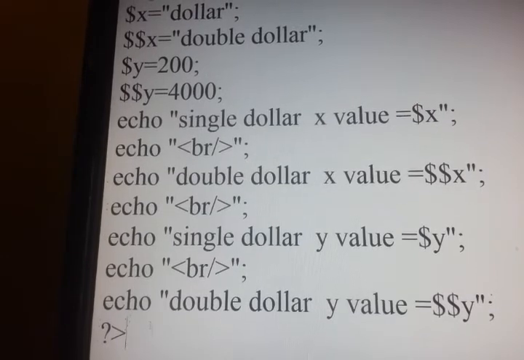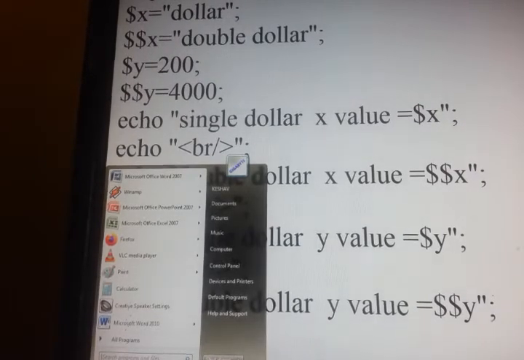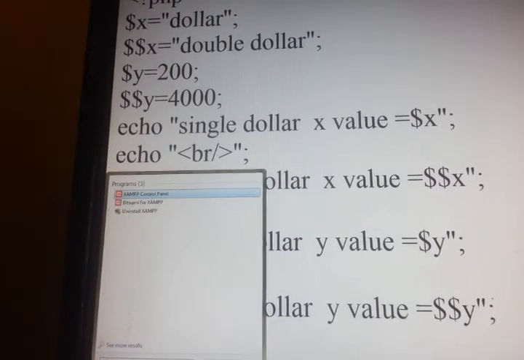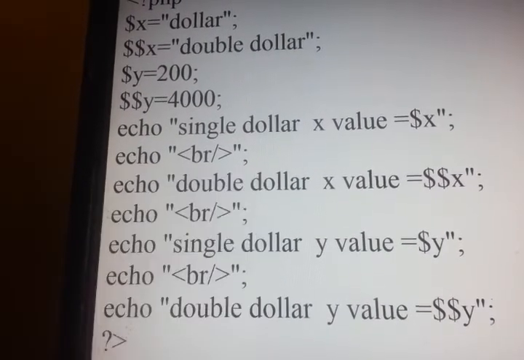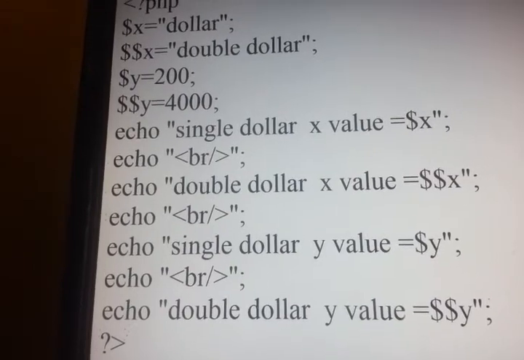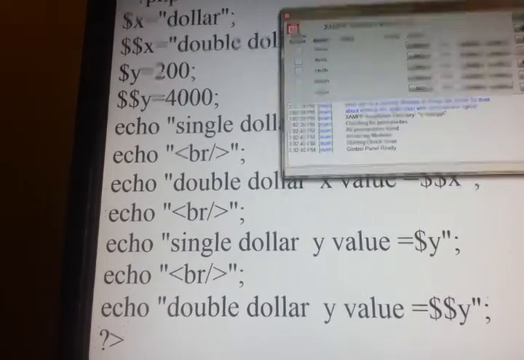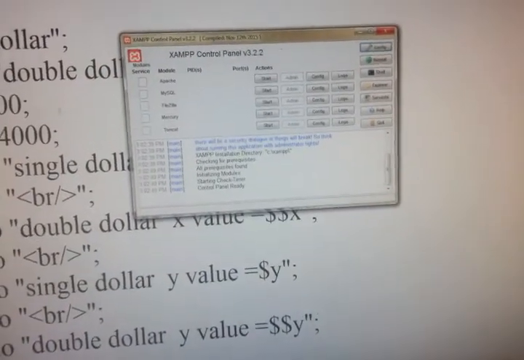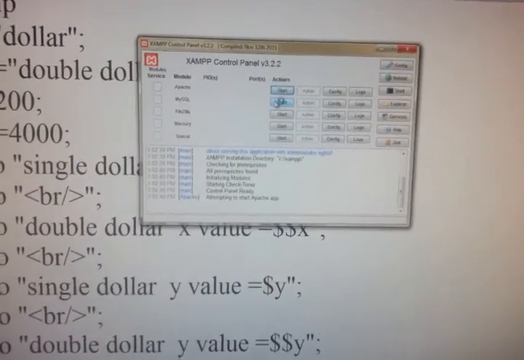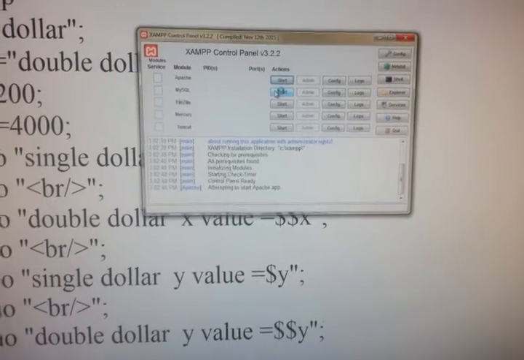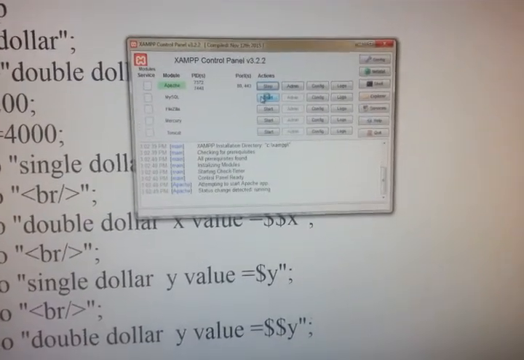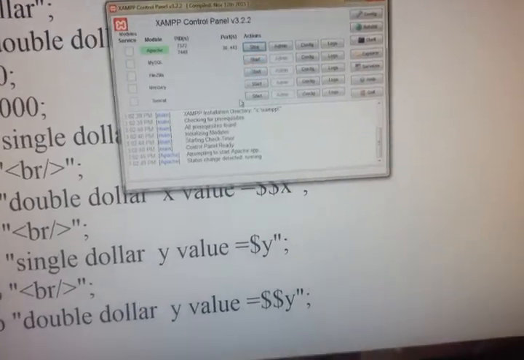Now to run our PHP we have to start our server. So we have to open our XAMPP control panel. So my control panel is ready. I have to start my Apache server. Apache server is working fine, it is started.